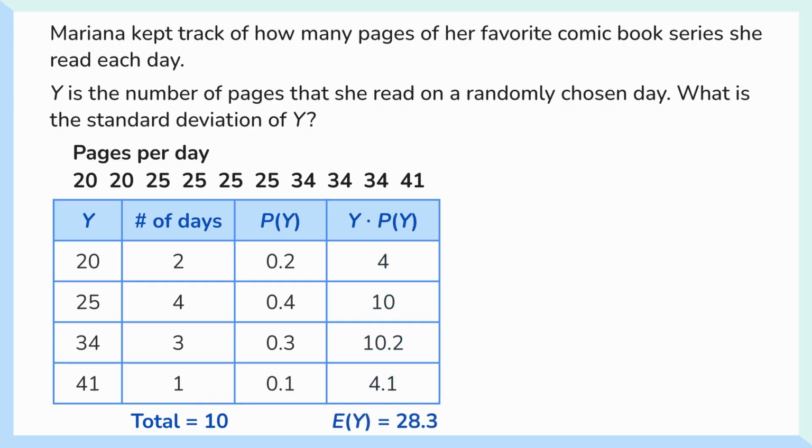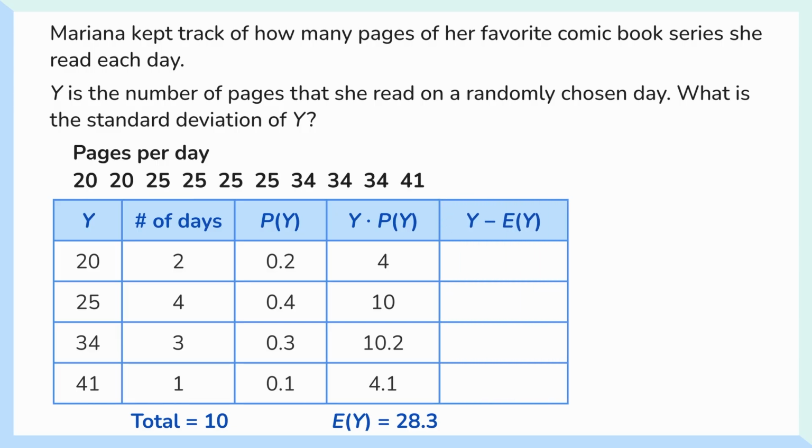Now, let's find how much each data value deviates from the expected value by finding their difference. 20 minus 28.3 is negative 8.3. 25 minus 28.3 is negative 3.3, and so on. Then, we'll square each of these values to find the squared deviations.